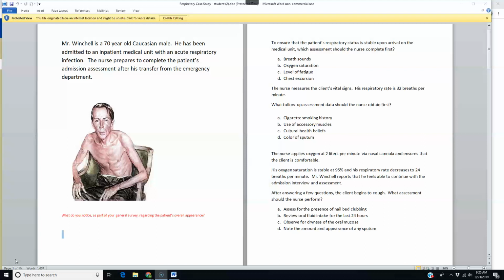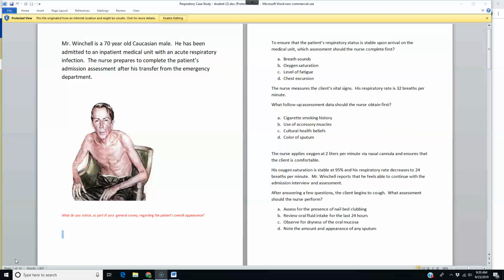Okay, the first question here is, to ensure that the patient's respiratory status is stable upon arrival on the medical unit, which assessment should the nurse complete first? And I'm not one about doing things in order, because a lot of times when these patients come in, you might have a couple nurses come into the room, because these patients will be in somewhat of a respiratory distress, and a couple nurses are in there doing things for the patient to get them more comfortable and making assessments themselves.